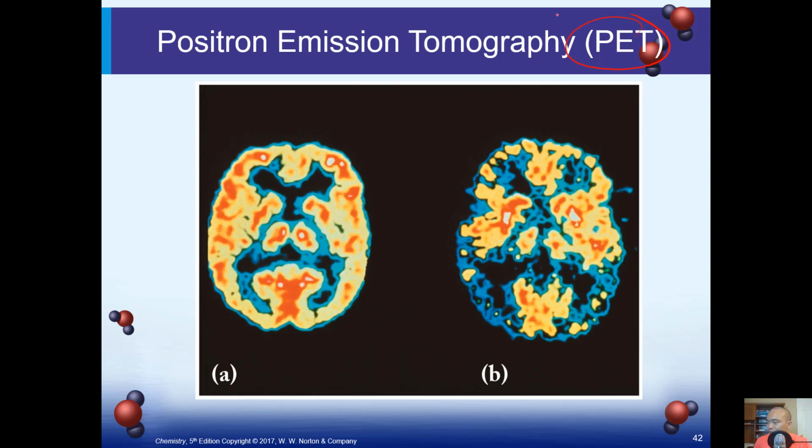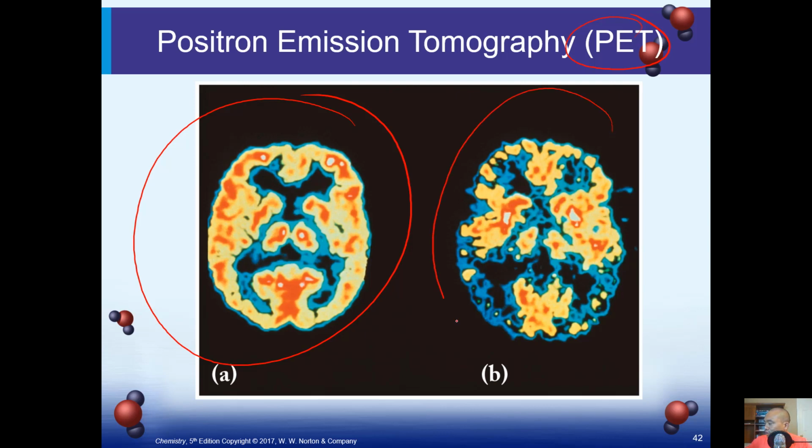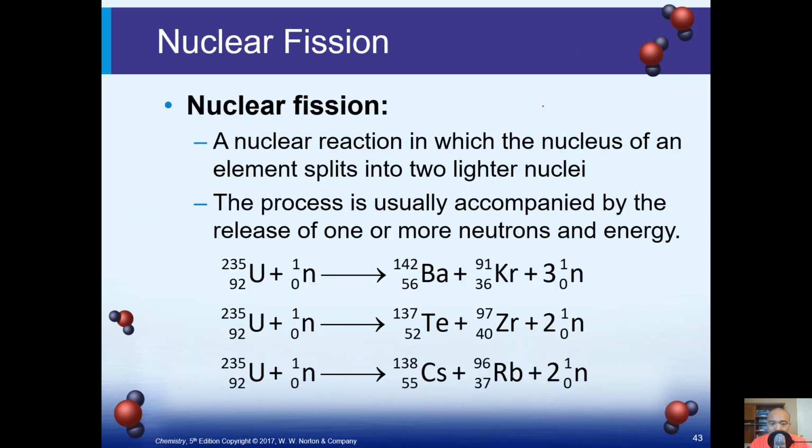In this figure, we have two PET scans. The brain scan on the left side represents a healthy functioning organ. Red and yellow indicate high levels of brain activity. The brain scan on the right side, with dark blue and black regions, indicates the low brain activity in a person suffering from Alzheimer's disease.